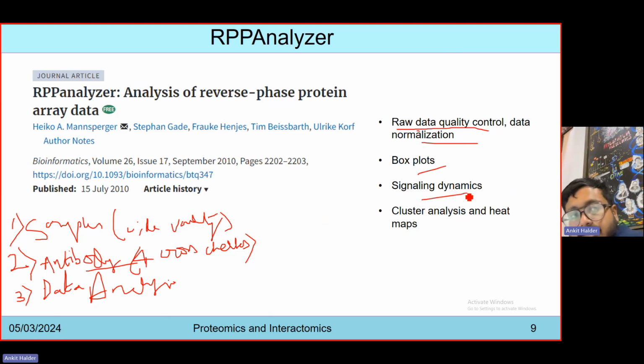Then you have the signaling dynamics, and then the cluster analysis and the heat maps, from which we need to understand how particular samples are clubbed together, and which features or proteins are showing different rates.